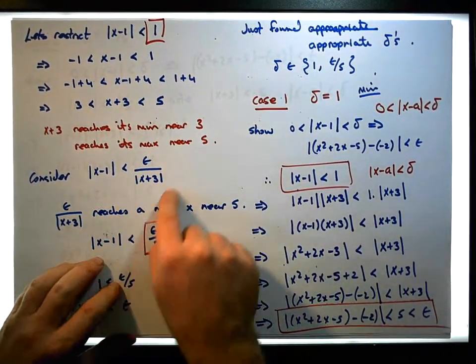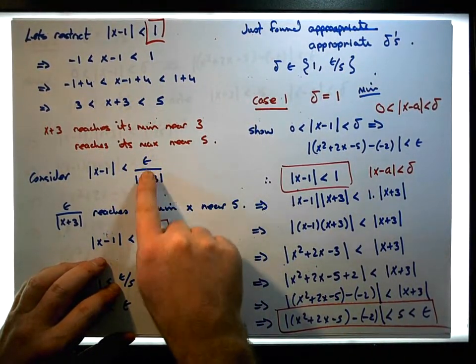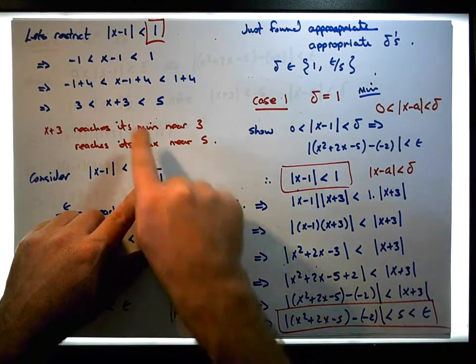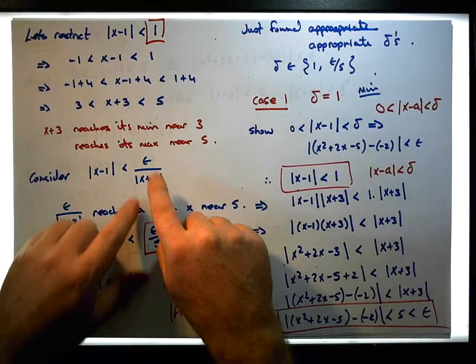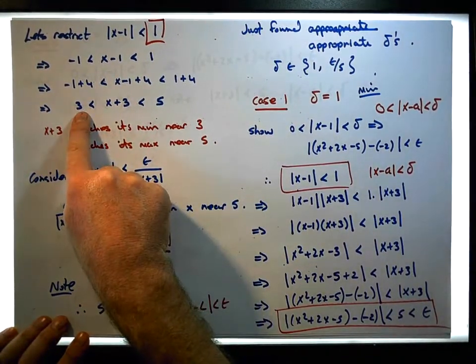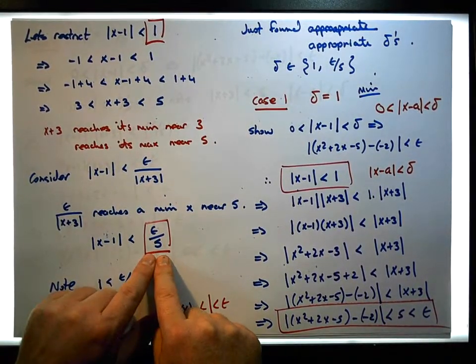So we want to make our delta as small as possible. So we consider x plus 3 that's near 5, which is going to make that smaller than it would be if we had chosen 3. So in this case, our new delta will be epsilon over 5.